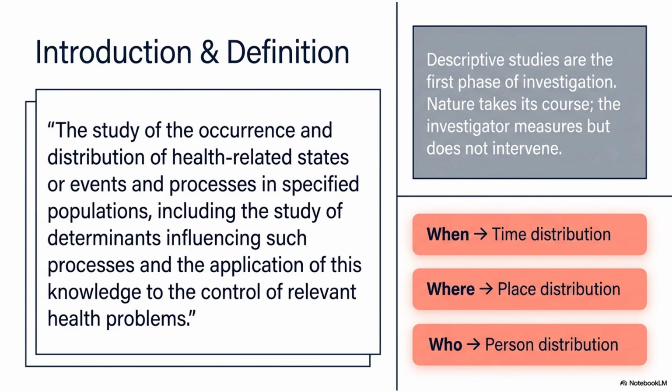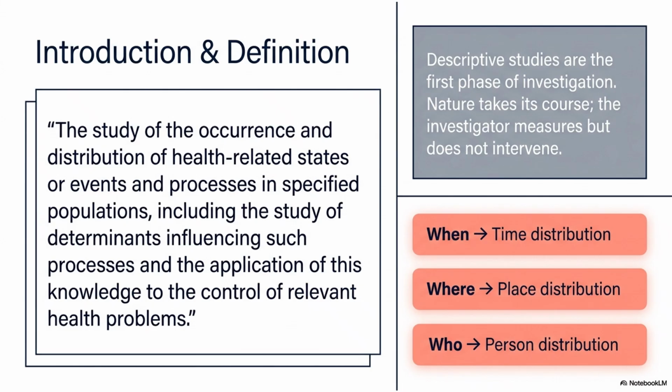Occurrence means how it is occurring, and distribution in terms of time, place, person distribution, and not only occurrence and distribution but also determinants of such health problems. And all this knowledge we will use for controlling health problems. So these key terms you should remember: occurrence and distribution of health related states, determinants, and application of the knowledge to control the same. This you should remember as the definition.